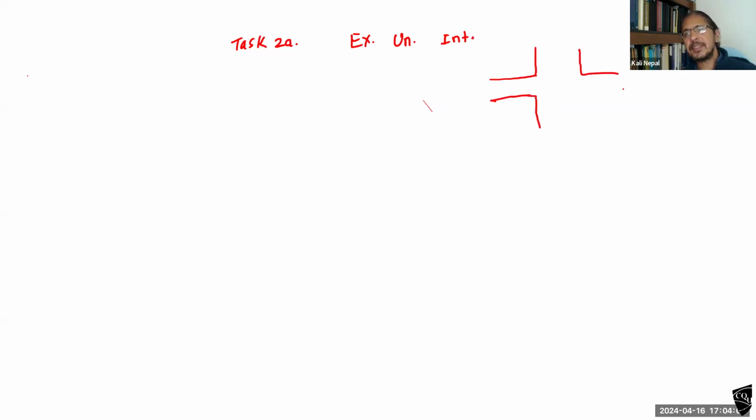In the task 2 intersection analysis tasks, we need to do 4 tasks. In Task 2A, we need to analyze the existing unsignalized intersection. Based on the description, north-south is the major road, and there are already right turning lanes from the north as well as from the south, separate lanes for those movements.